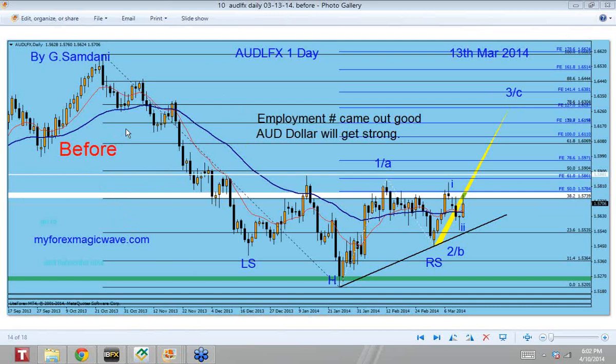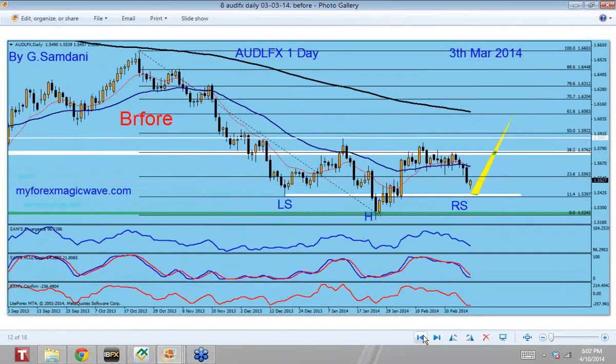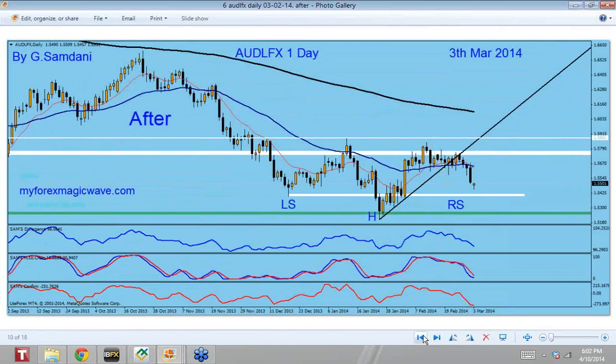This chart, as you can see, is the Aussie daily chart, and Aussie means Aussie index. This was a head and shoulder that we were tracking, and sometimes I amaze myself. Look at how and when and where we started this.